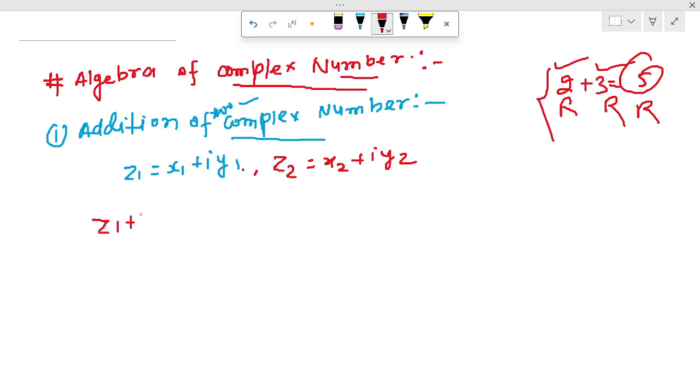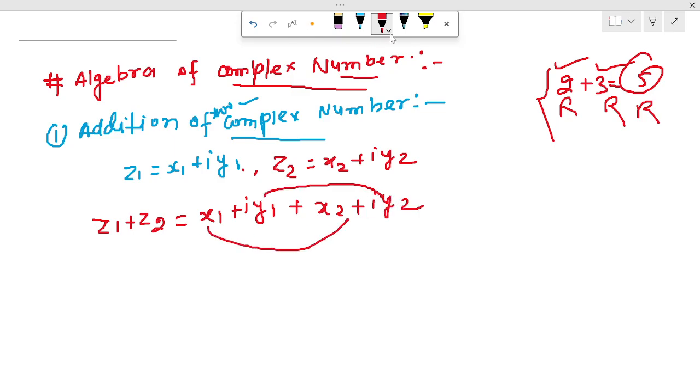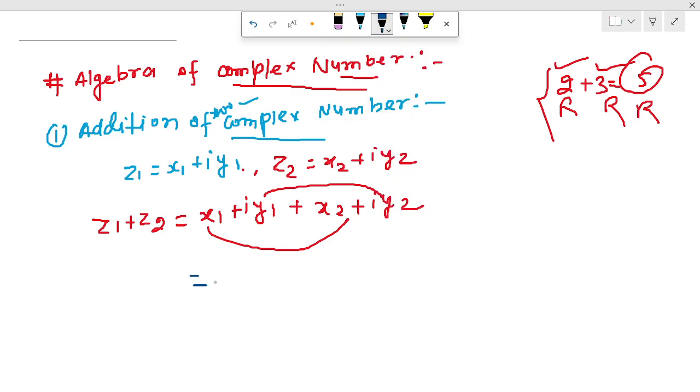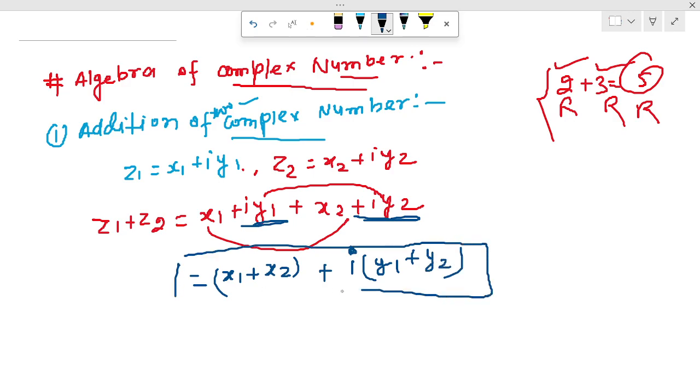Then z1 plus z2 is equal to x1 plus x2, adding real to real, plus iota y1 plus iota y2, adding imaginary to imaginary. Here iota is common, so iota times y1 plus y2. This is the addition of complex numbers.